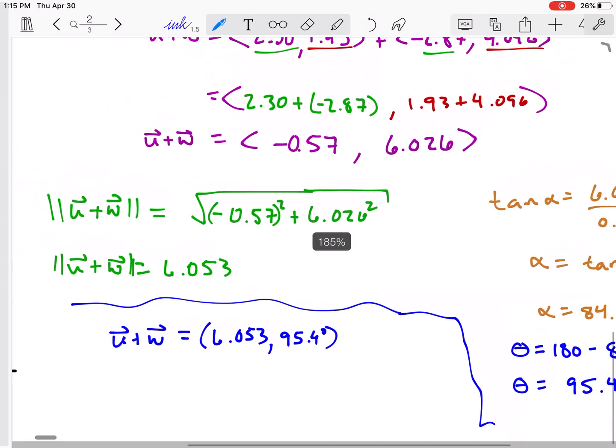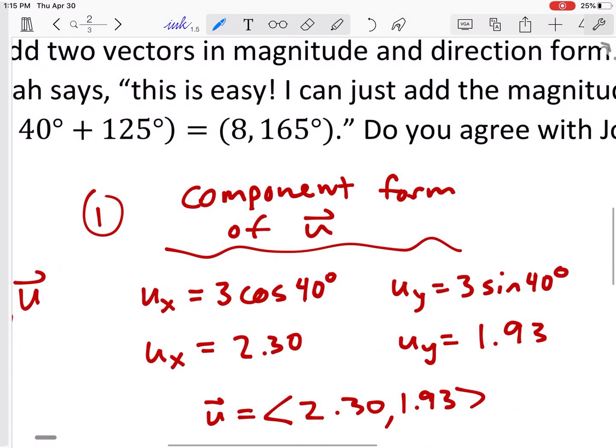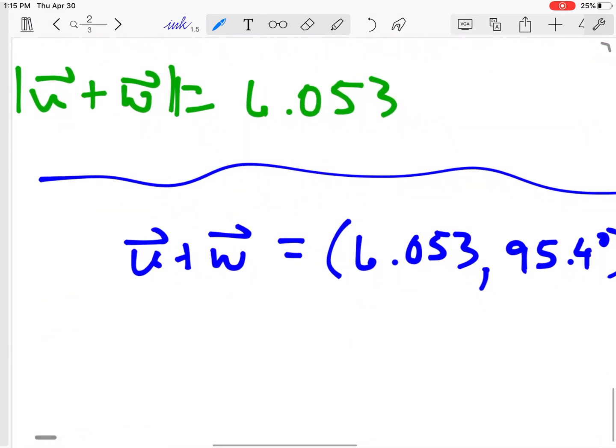So with this in mind, was Jonah correct? He said it should be 8, 165 degrees. Definitely not.